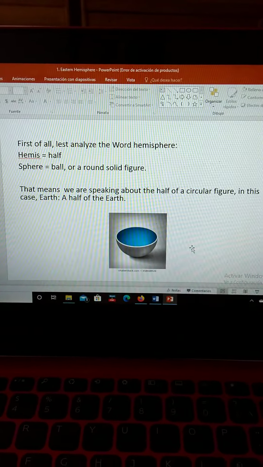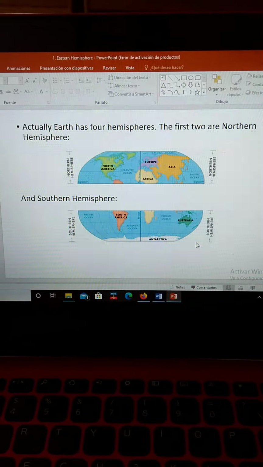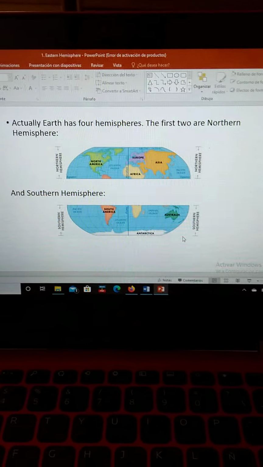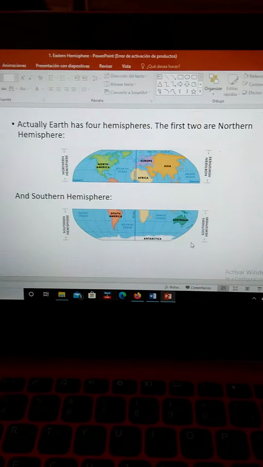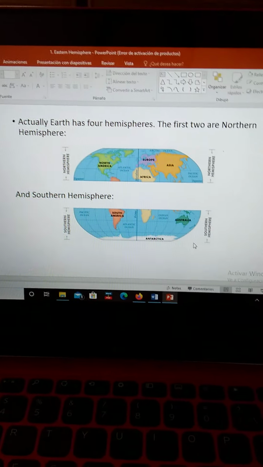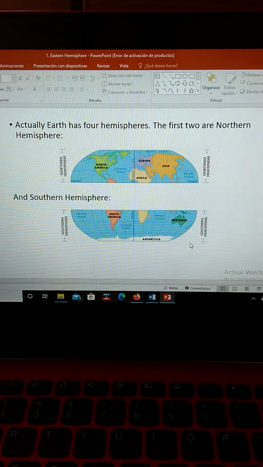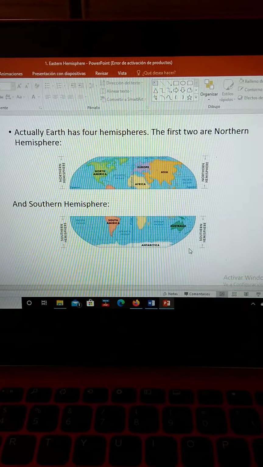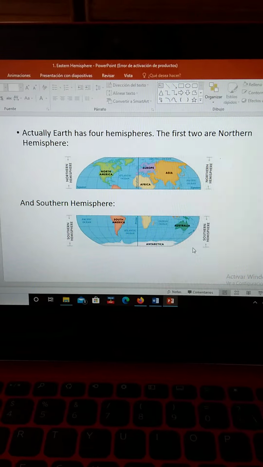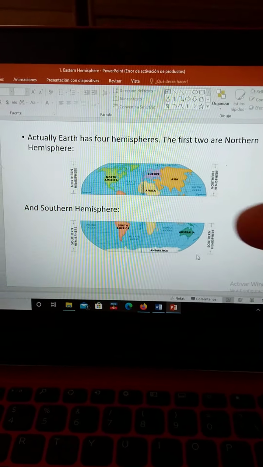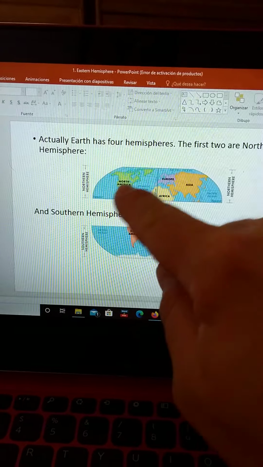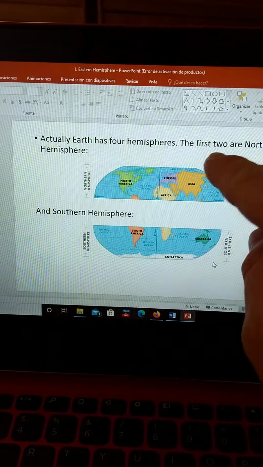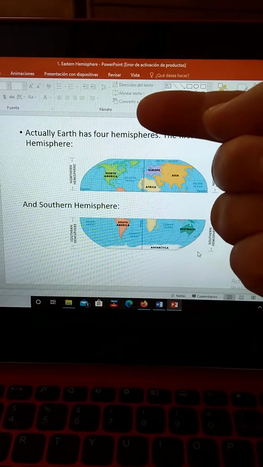Now, we actually have 4 hemispheres. Earth is divided in 4 hemispheres. That's why if you go to geography, you can see several combinations, but let's stick to the main 4 hemispheres. The first one is the northern, which is on the top of the planet. That's why you get here at the top the North Pole, because it's in the northern hemisphere.